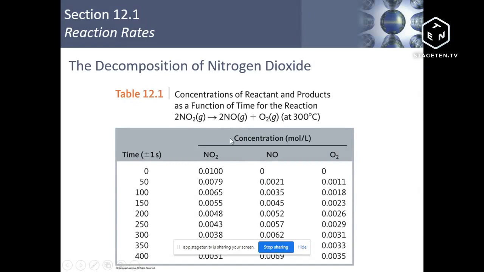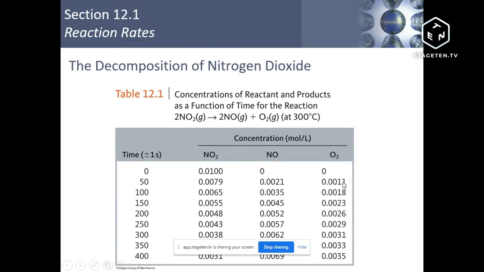Why is the amount of NO2 lost equal to the amount of NO gained in that same amount of time? If you answered correctly, it's because of the mole ratio. For every 2 of these lost, 2 of these are gained. But why did we only get half the oxygen that we got of NO?